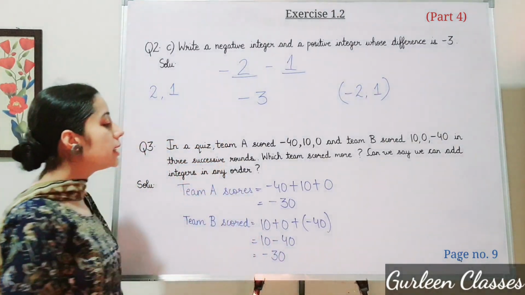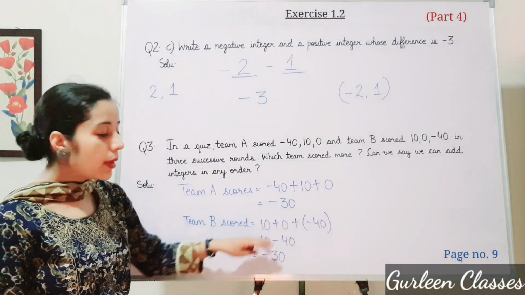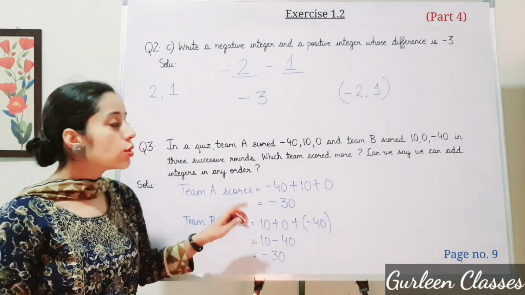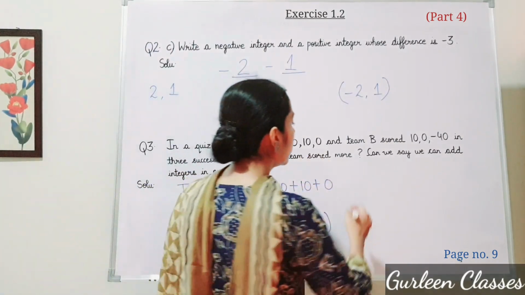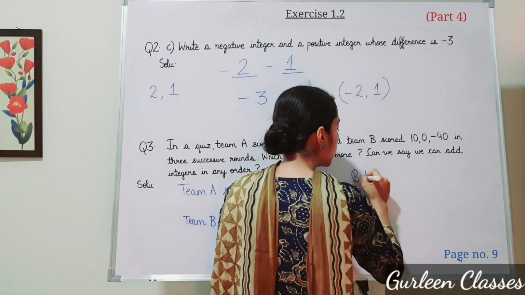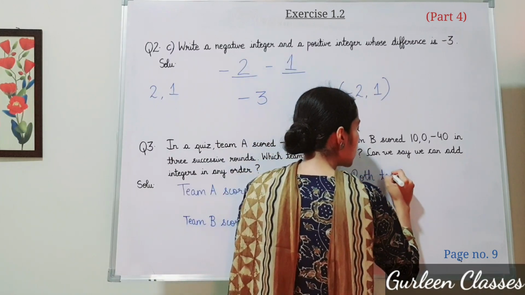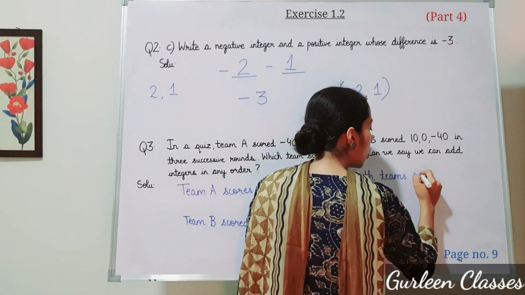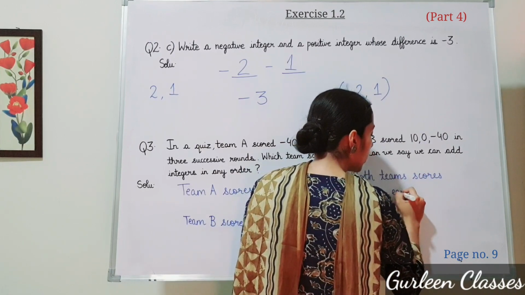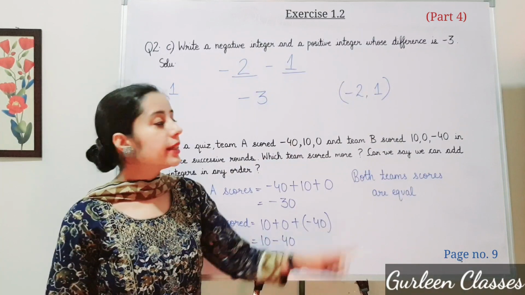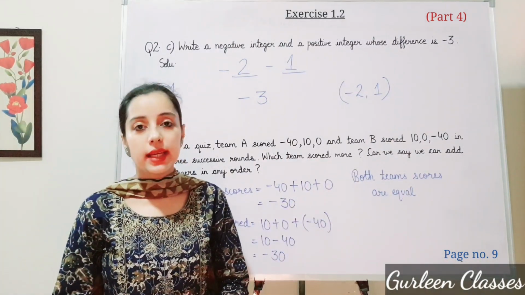So as you can see, -30, -30, both are equal. So the first part, which team scored more? Let us write here both teams' scores are equal.